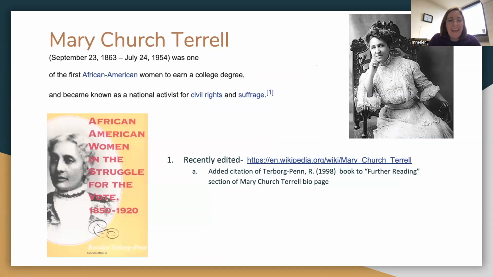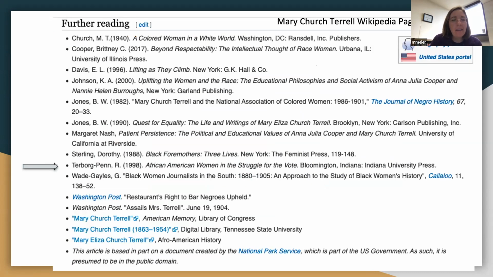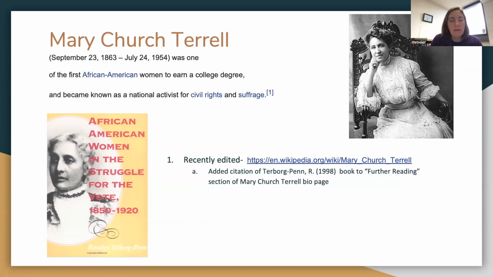So I recently edited this page. This is a bio page, and I added the source, the reference. It's a wonderful book by Rosalind Terborg Penn, and the title of the book is African American Women in the Struggle for the Vote. And this is the cover of the book. And I just added that at the bottom in a place called Further Reading.